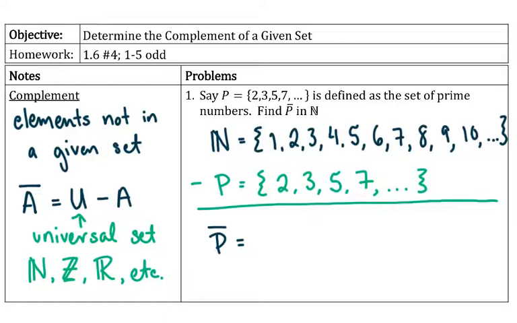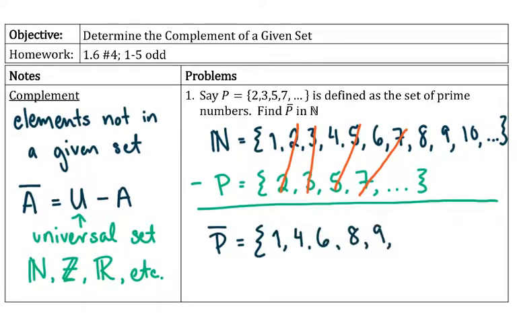So if we take the natural numbers and subtract away the prime numbers, the ones in common, then if we listed out the elements, the complement of P would be 1, then 4, 6, 8, 9, 10, not 11 because that's prime, 12, and so on.